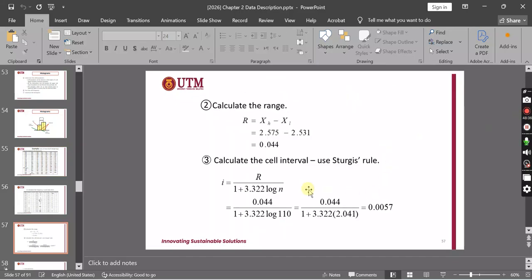So n is 110. Here you have R equal to 0.044, over 1 plus 3.322 log of n, where n is 110. So the final number is equal to 0.055.